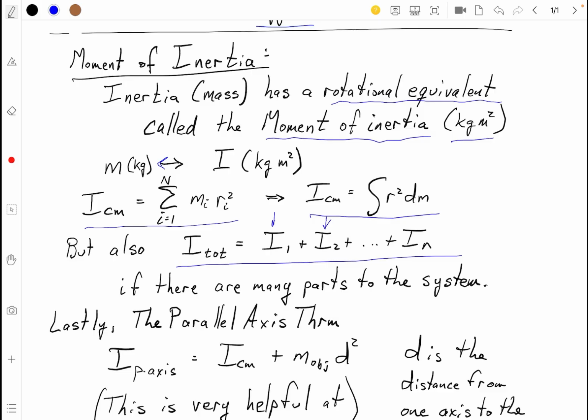We did the disc, and then we had another moment of inertia like of the hoop. We measured this experimentally, and then we subtracted off this one and this one so that we could get our I3, which would have been the hoop. So we've done this before. There are usually many parts of a system, and all of those different parts have their own moments of inertia, and so that's why that works really well.